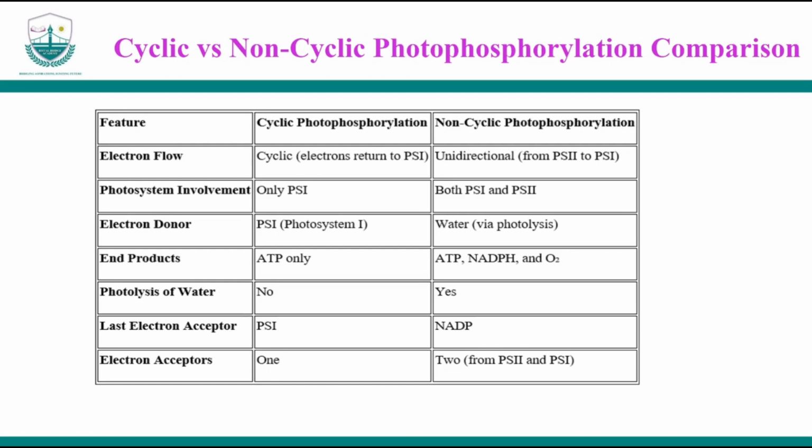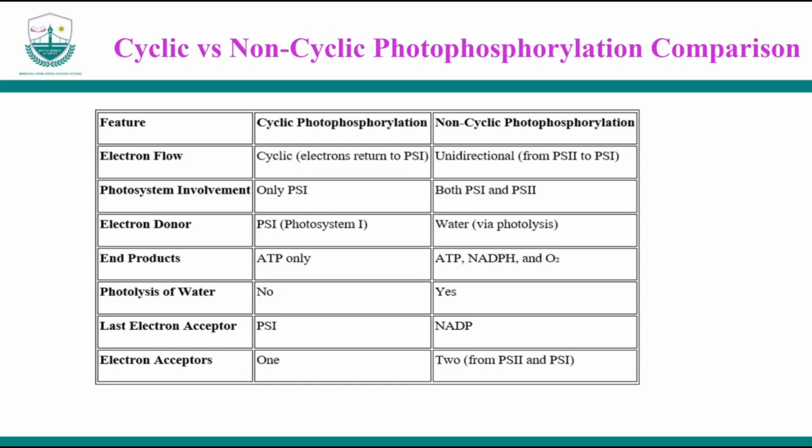So that marks the end of this presentation about the light dependent phase. This phase depends on light, and that's why we call it photochemical reactions, and perhaps also the light stage.